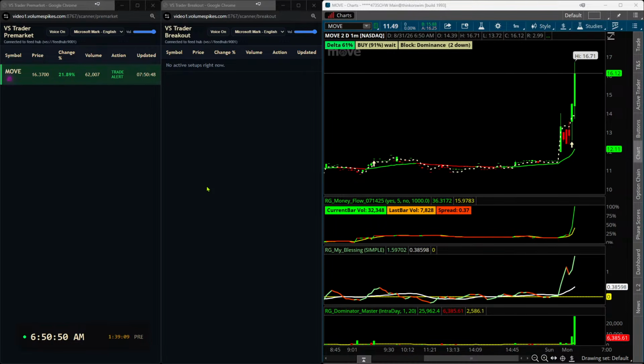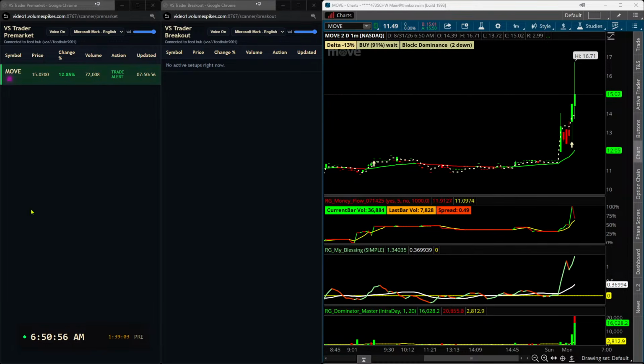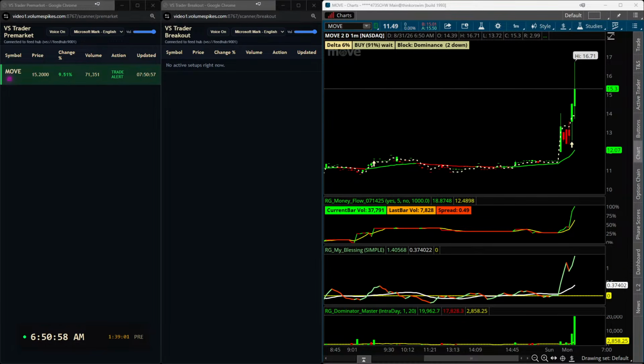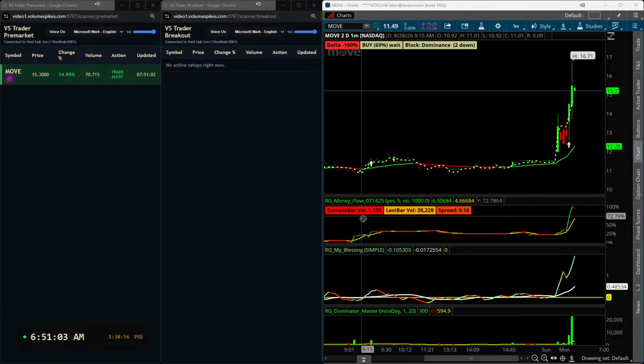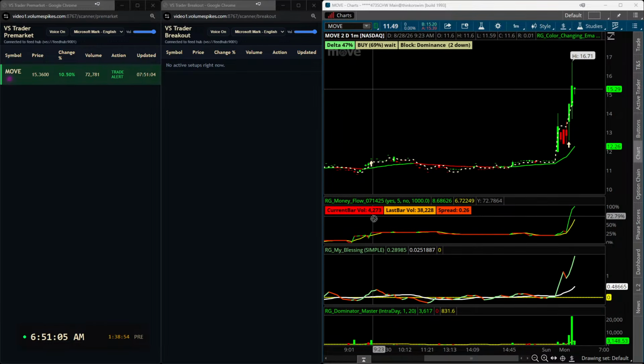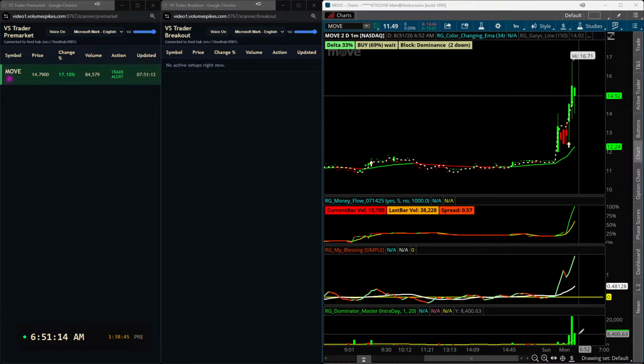1670s. Hopefully the buyers will stay on board here and keep pushing. That volume flow scares me. We lost all buyers. Dominator bar short and red. They're selling. Looks like we lost our volume flow.